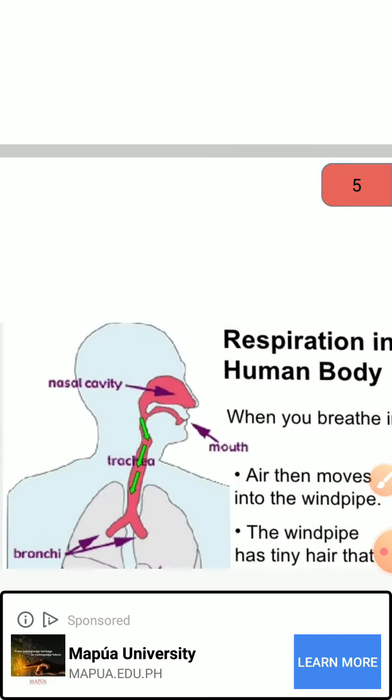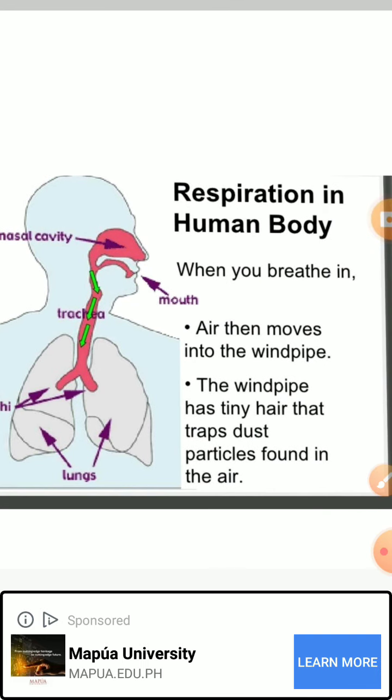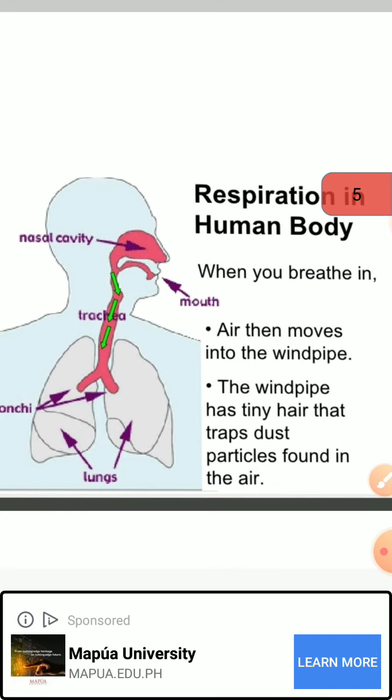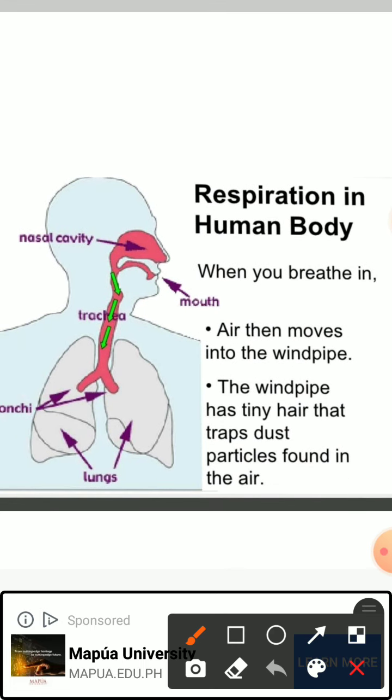Then when we breathe, the air moves into the trachea or windpipe. It has entered from here. Now it comes into the windpipe, and the windpipe also has tiny hairs that trap the dust particles found in the air. Get it?